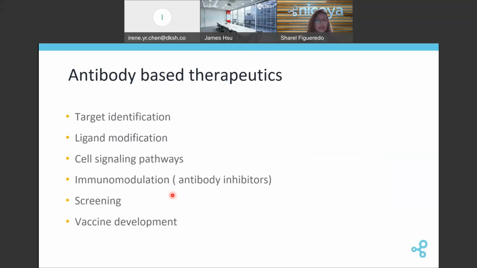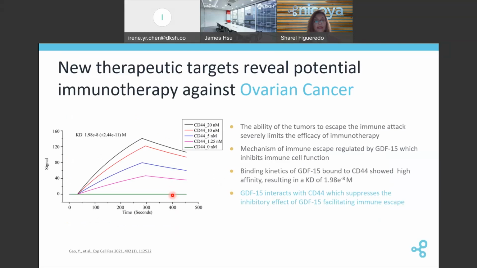SPR is also being used to screen, as I mentioned, a vast library and vaccine development. So this is some of the work that has been published, and I'll be reviewing these applications.